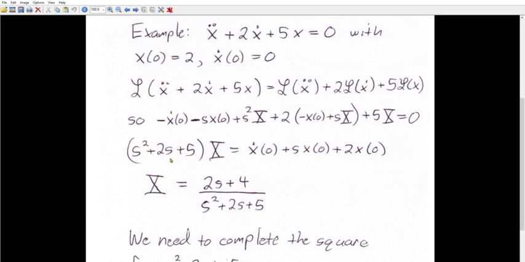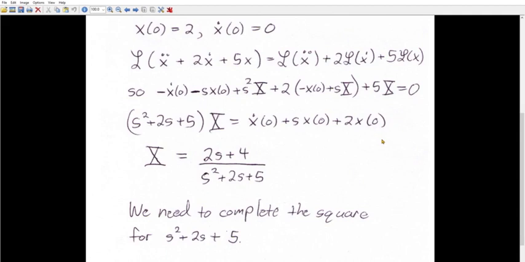We keep the s stuff on the left-hand side along with the cap X, and all the stuff from the initial conditions goes on the right-hand side. If we evaluate this properly, that's 0, that's 2, that's 2, 2 times 2 is 4, so we get 2s plus 4 on the top, and then we're dividing through by the bottom.